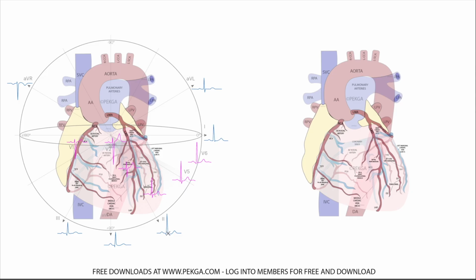Lead 2 had an enormous signal, all right? Compared to lead 3 and aVF, it had an enormous signal. And really lead 2 is looking at everything from up here all the way down to the apex of the heart, right? So if you have an enormous signal there, that means there's a lot of mass here that's giving rise to that depolarization. So you're probably looking at some sort of an enlargement.